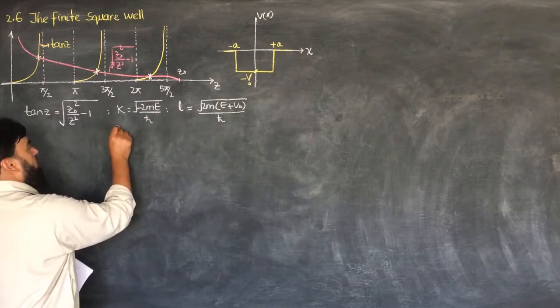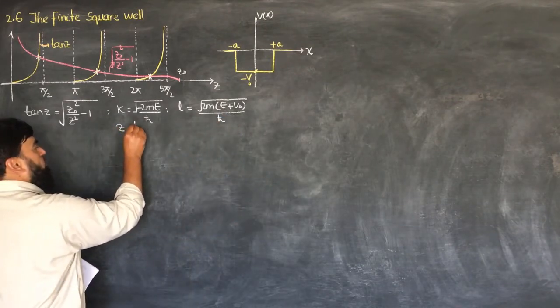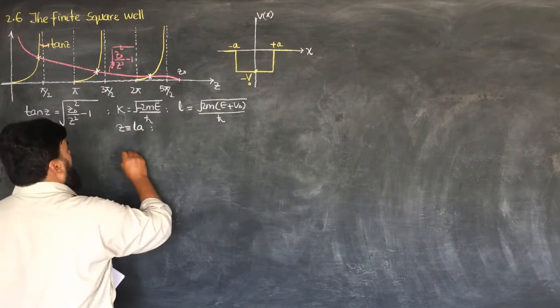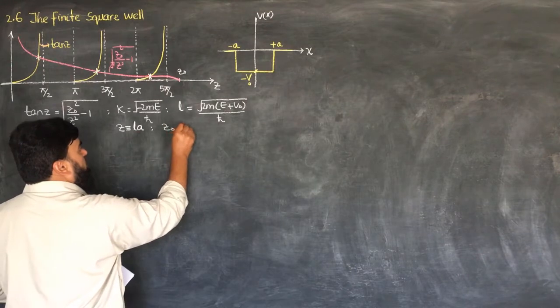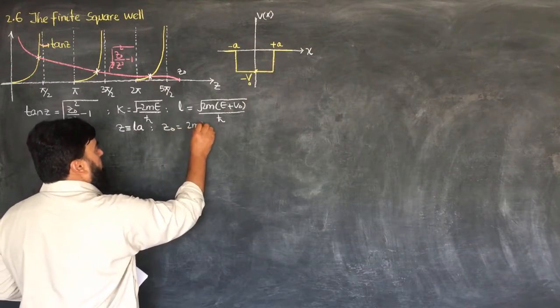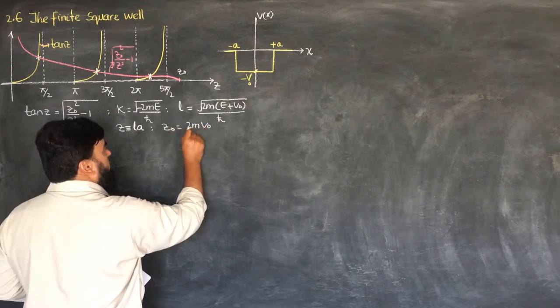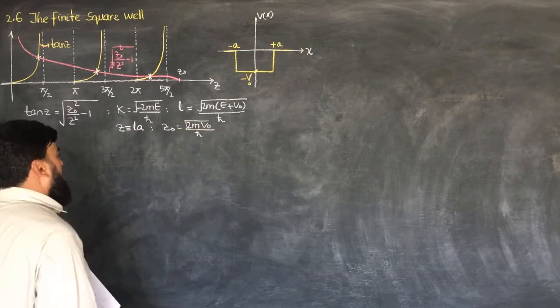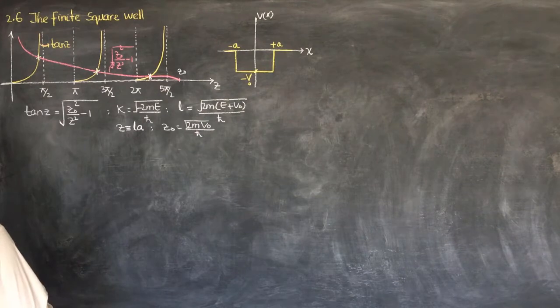We suppose that z is equal to LA and z naught we supposed is 2m v naught over h bar. So this was our supposition that we did.